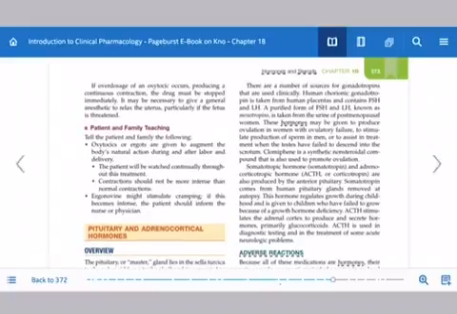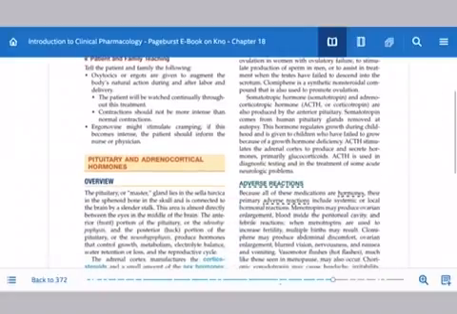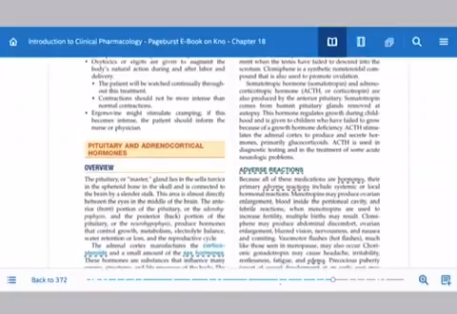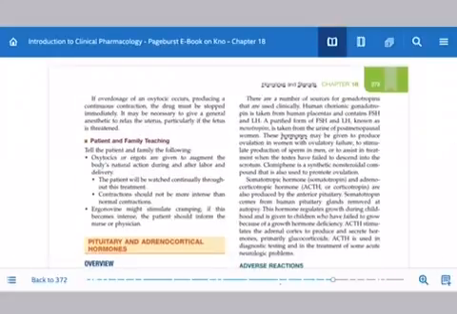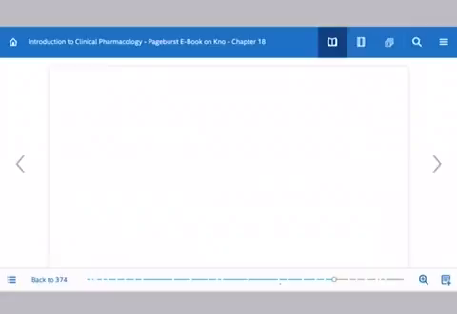So it says there are adverse reactions for these medications. Okay, they can be systemic, or they can actually cause localized complications. All right, so let's look at some of the interactions that we have. So if we flip over to table 18.6.